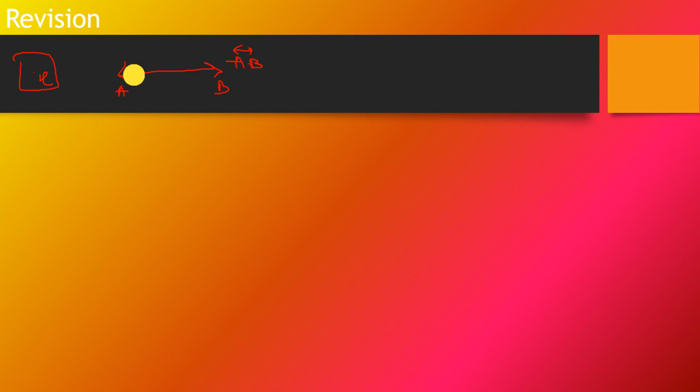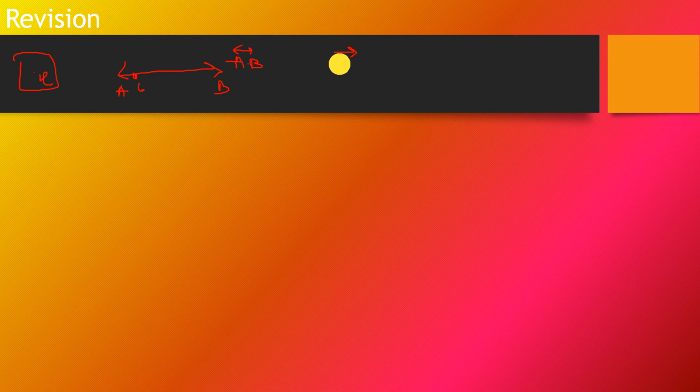What is a ray? Let me take a point on the line. A ray is simply a part of a line which has an end point and can be extended in one direction infinitely. So how to denote a ray?